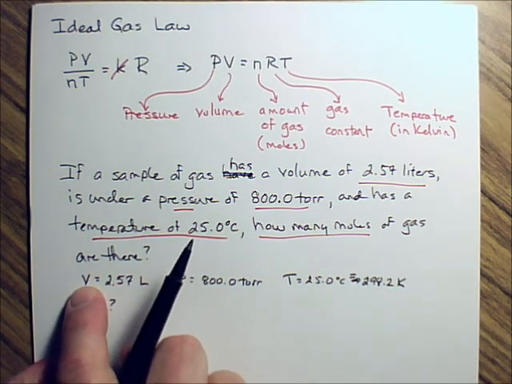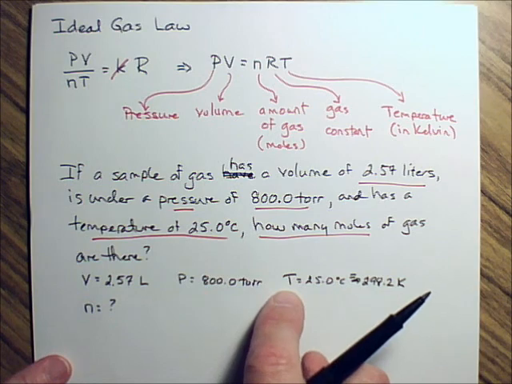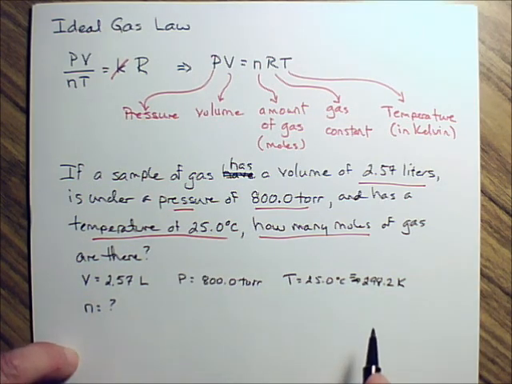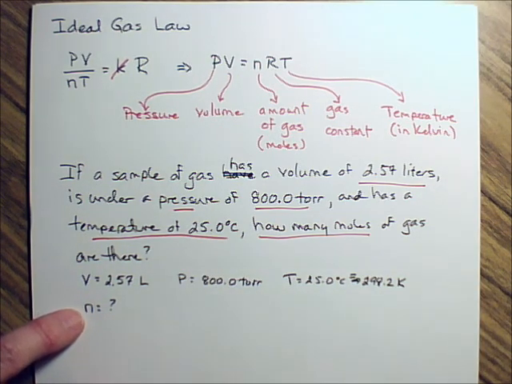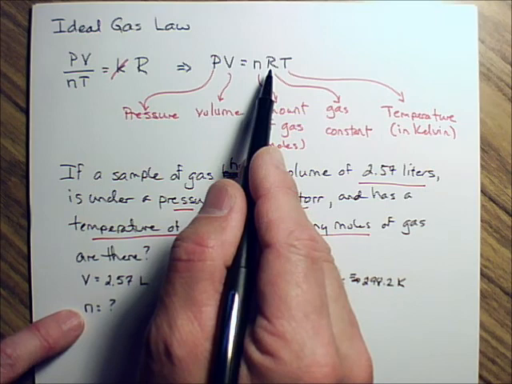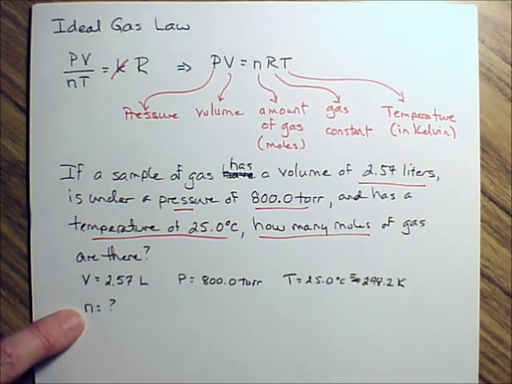By having this variable, this known, and this known, and this unknown, I know I need an equation that includes all of those. And the only equation I know of that includes all of those also has R. But R is given to you. All you have to do is figure out which version to use.